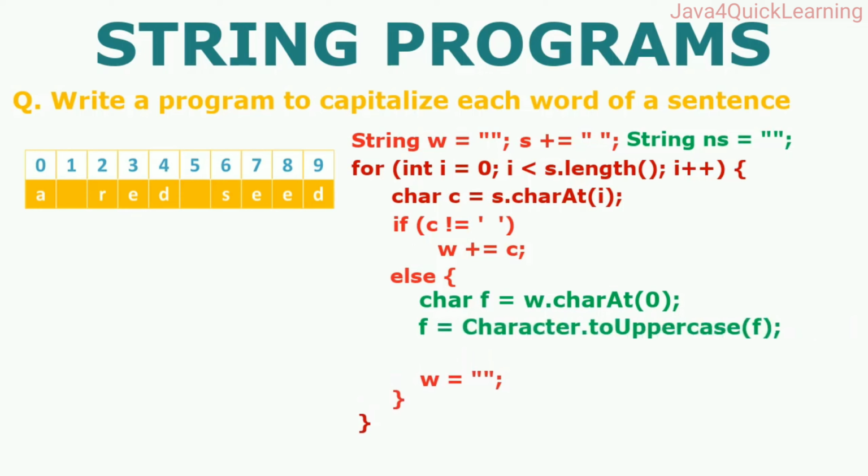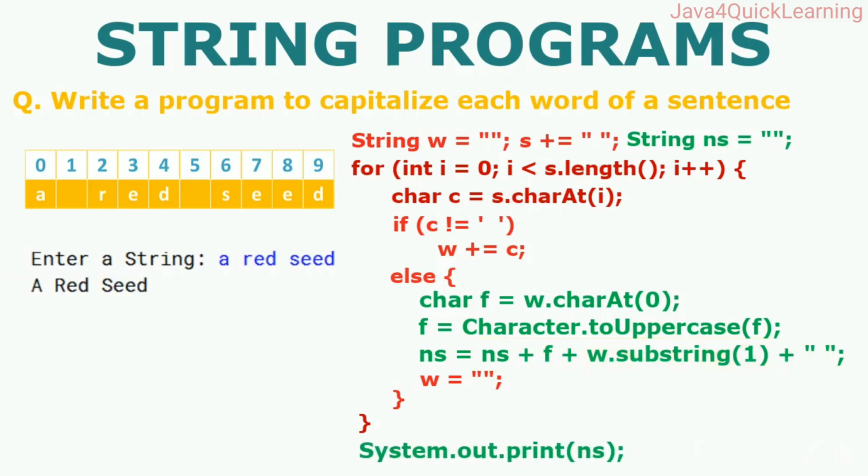Then we will use the substring function to get the remaining part of the string. We will concatenate these two to get a capitalized word and add it to the new sentence along with space. Once we are out of the loop, we will print this new sentence. This gives us the program to capitalize each word.